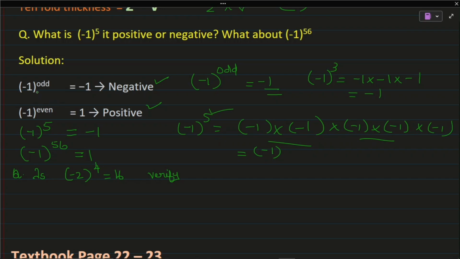That is, minus 1 raised to the power odd number, answer will be minus 1. And minus 1 raised to even, for example, easily you can remember minus 1 raised to 2, that is 1. So minus 1 raised to the power, if it is even, answer will be 1, a positive number.